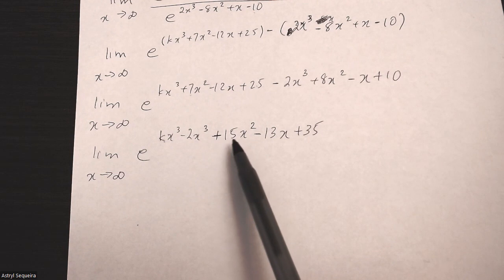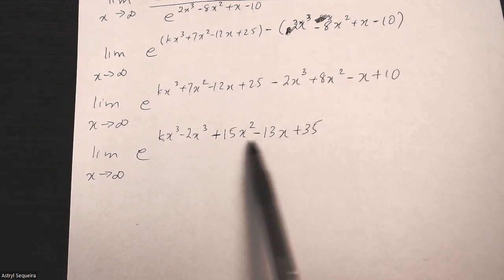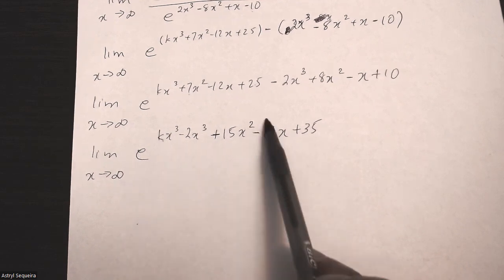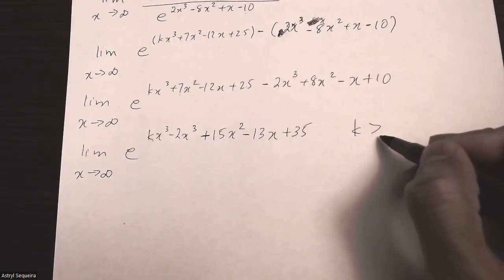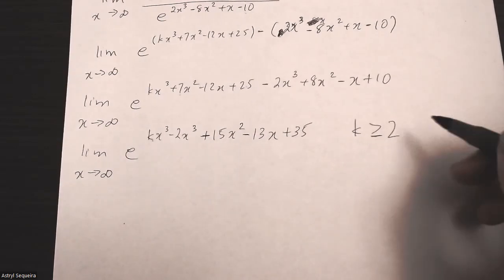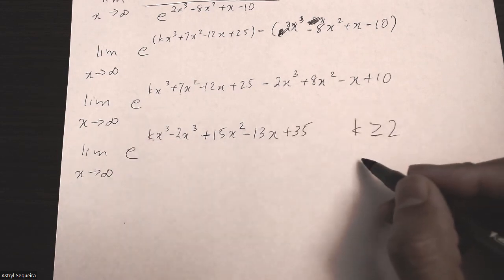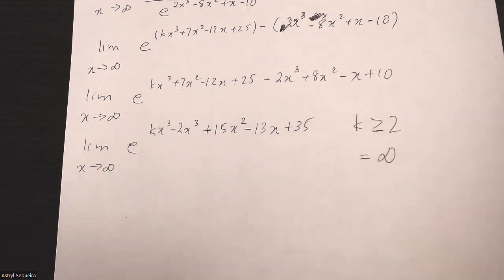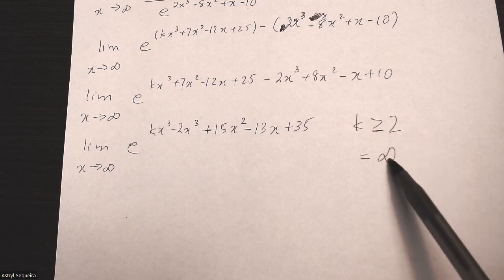And if I sub in infinity here, this is definitely going to be positive infinity because I have positive infinity squared and e to the positive infinity would be infinity. So I know if k is larger or equal to 2, this limit will approach positive infinity.